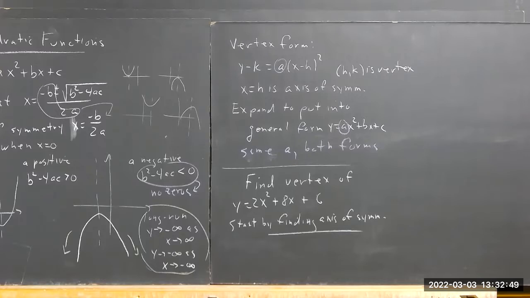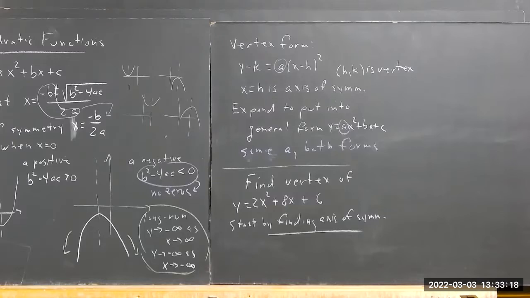Okay, so once you find the axis of symmetry, you've already gone on to find the vertex. So now what do you know about a, k, and h?